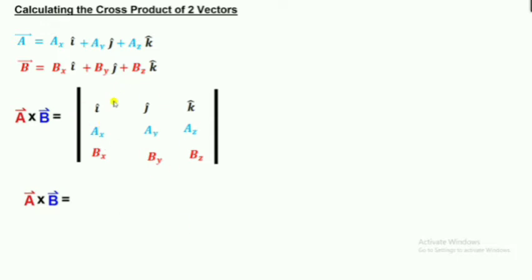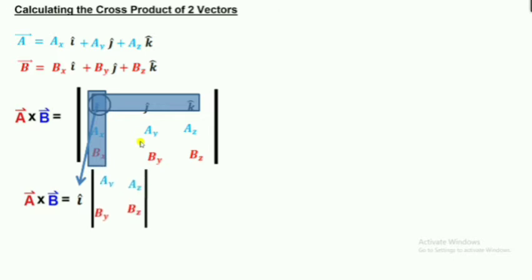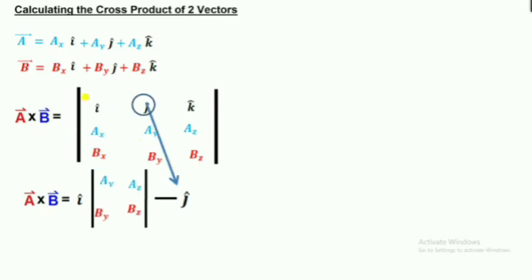To solve this determinant, I'll write this I first, then I'll cancel the row and column with this I. So I'll copy these 4 elements in another determinant. Minus j, so minus j comes from the formula, so I should not write plus out here.